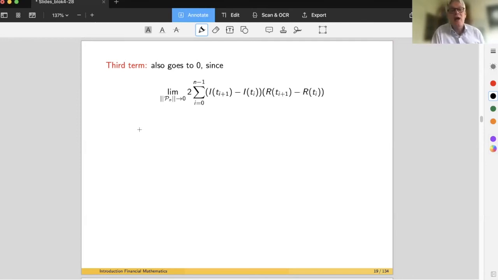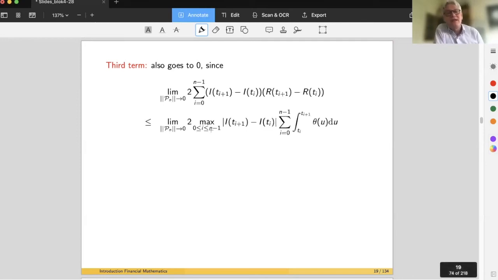Again, we take out one of these parts, namely the I. The maximum of the I, we take it out of the sum. And then, of course, we need a less or equal sign here. And what remains is this sum, i runs from 0 to n minus 1, the integral from ti to ti plus 1 theta u du.